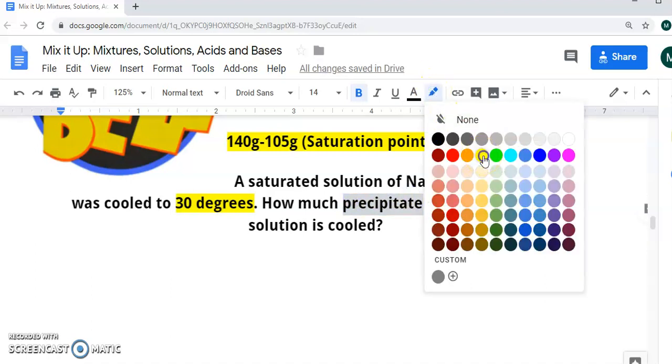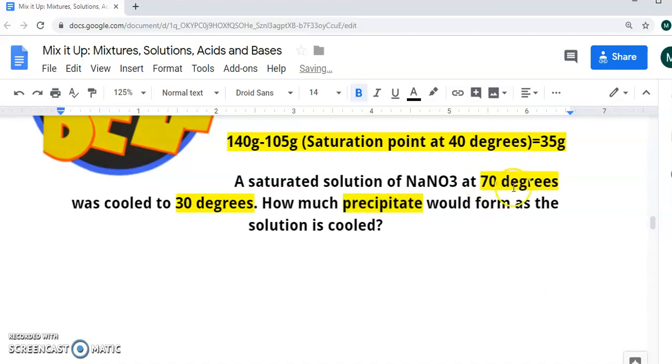Well, what numbers am I going to subtract? You never subtract temperature because we're not looking for the temperature. We're looking for saturation. So the only numbers you should subtract are your saturation points. So doing just like we did a few minutes ago, you're going to need to find the saturation point at 70 degrees of NaNO3.